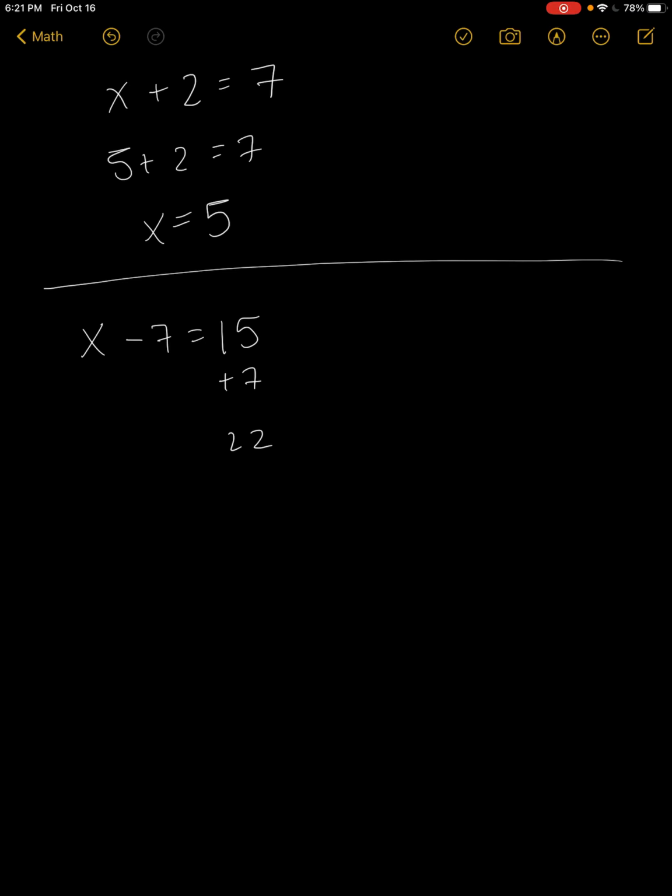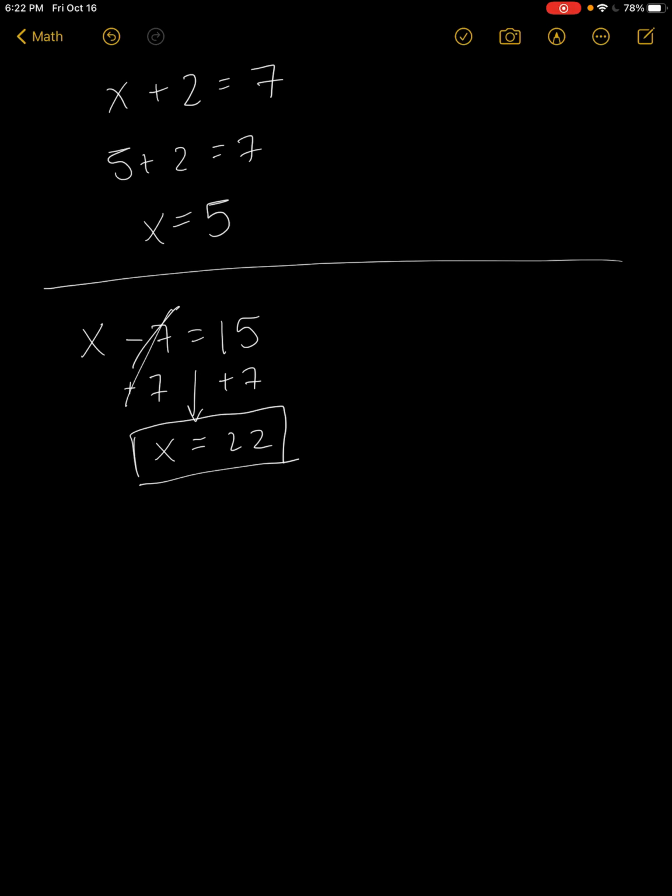That means I need to get rid of the 7 on this side. I'm doing the same thing to both sides. Okay, so I transform it because minus 7 plus 7 cancels out. 15 plus 7, I'm going to carry down my equal, and I get x equals 22, which is what I did up above, just in my head. And when you have these simple ones, you might be able to just do them in your head. But when numbers get bigger, a little bit more complex, you might want to write out all of these steps.